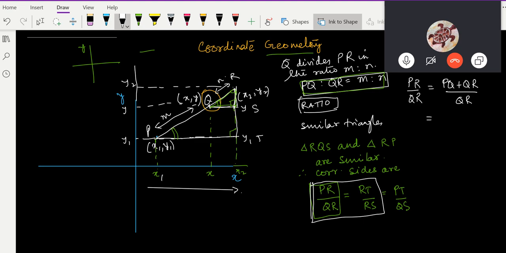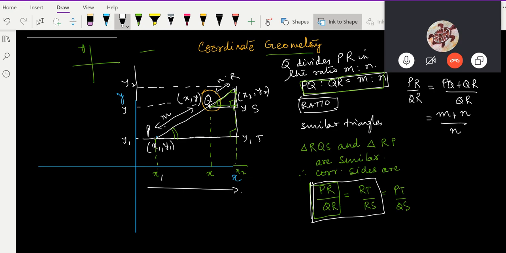What is PQ? PQ is in terms of M and N. It's M. QR is N. So PR over QR is M plus N over N. Right?